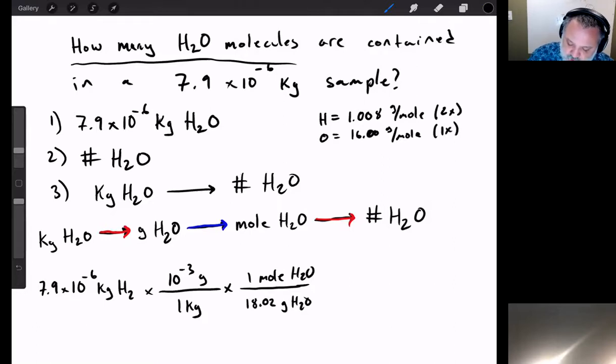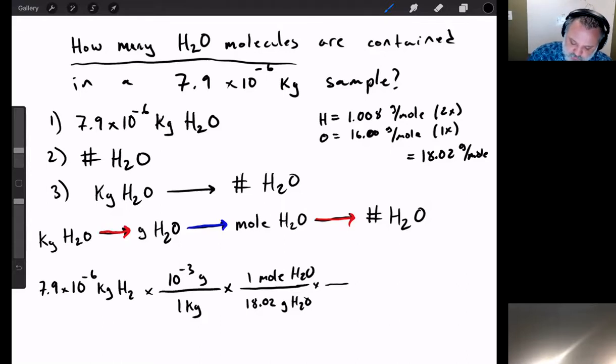So when I add them all up, I get 18.02 grams per mole. 16 plus 1.008 plus 1.008 is 18.016, and then rounded to 4 sig figs, it's 18.02.